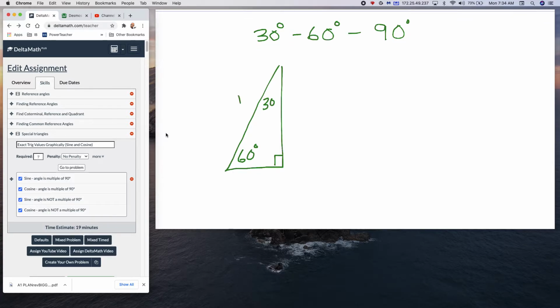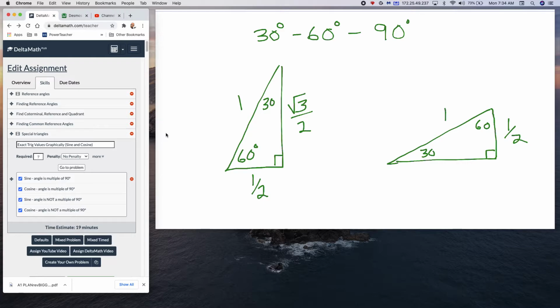Again, if I make the hypotenuse 1, this side is half of it, and this one is the square root of 3 over 2. This is something you just have to memorize. If you were to write it down 10 times, you'd have it memorized, I'm sure. So if this is 30 degrees, this is 90, and this is 60, this is the 1/2 side, the hypotenuse is still 1, and this is the square root of 3 over 2.